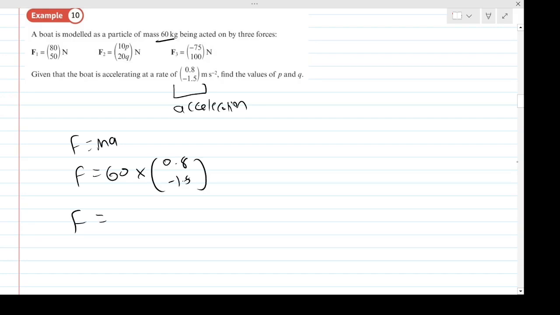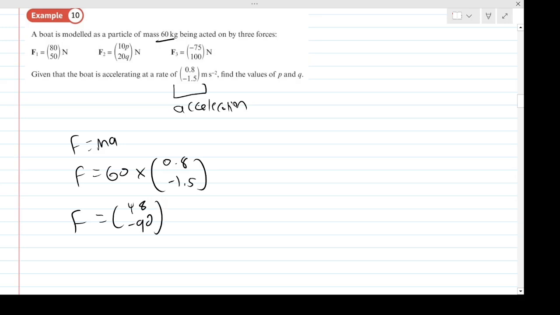If we times the vector by 60, so 60 times 0.8, that's going to be 48. And 60 times minus 1.5, that's going to be minus 90. So that tells me what the resultant force has to be.